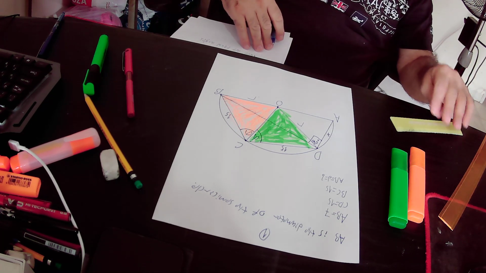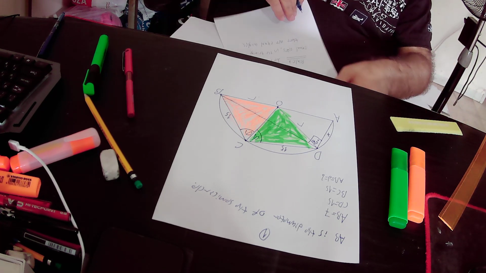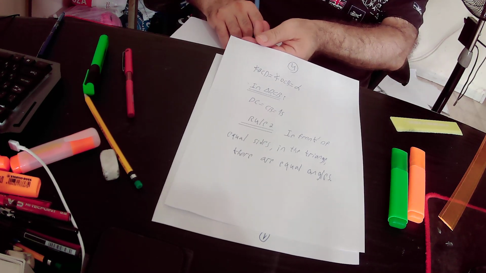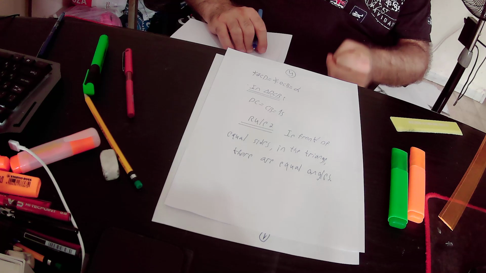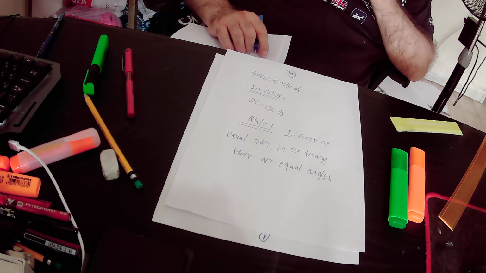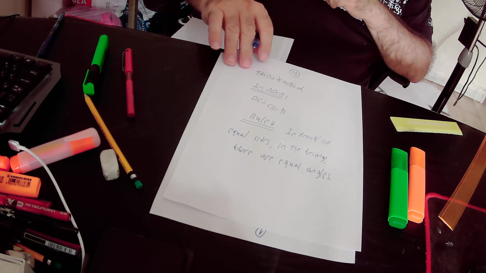So I will read rule number 2 again. Rule number 2 states that in front of equal sides in the triangle, there are equal angles.